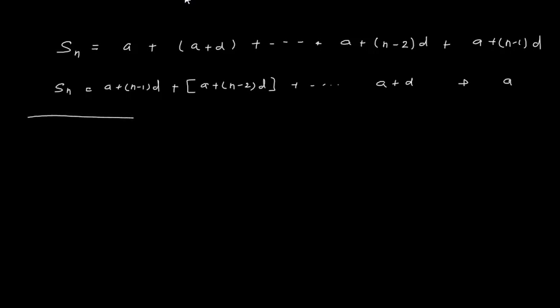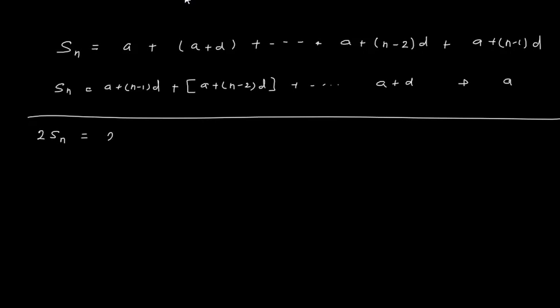Now if I add these two equations, this is Sn and this is Sn, so we get 2Sn. Here it is a, and here a plus (n minus 1)d, so a plus a gives 2a plus (n minus 1)d.